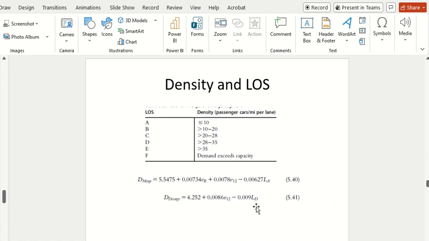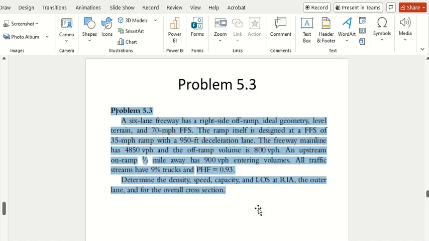Okay, so this is the equation for the density. LD was the length of the deceleration lane, which is given here.